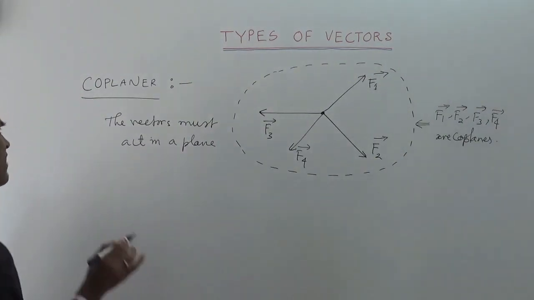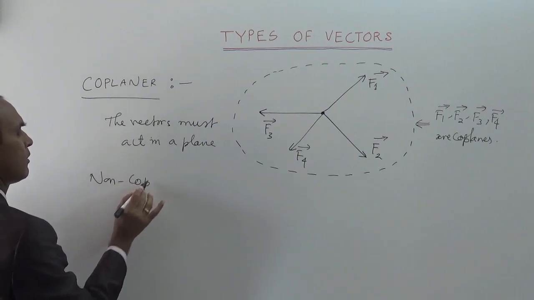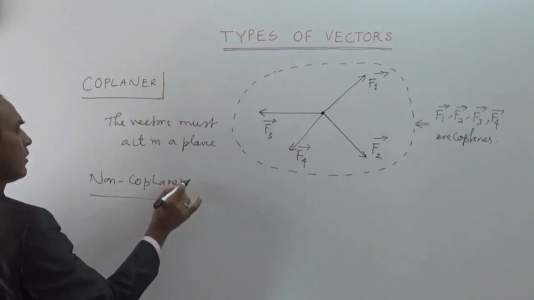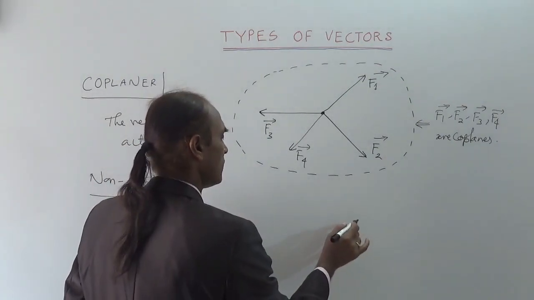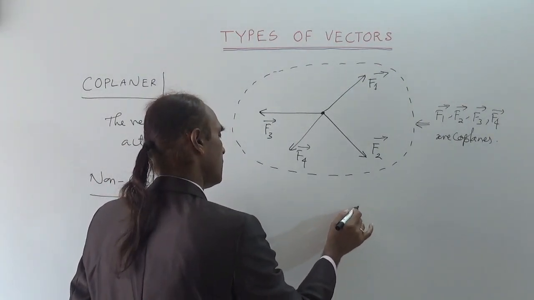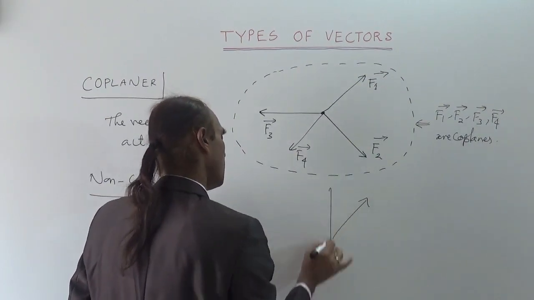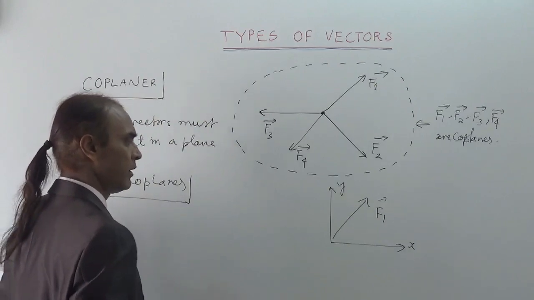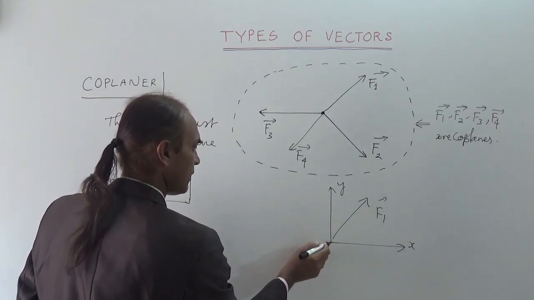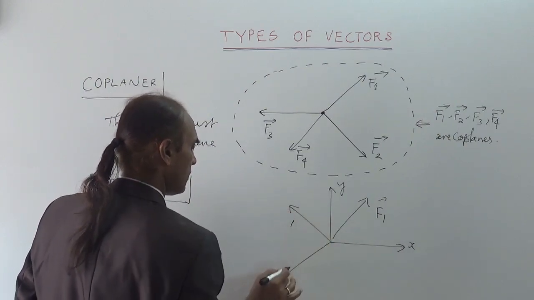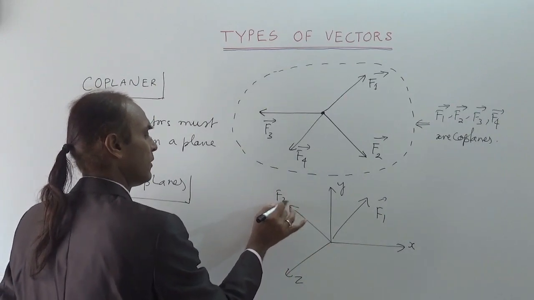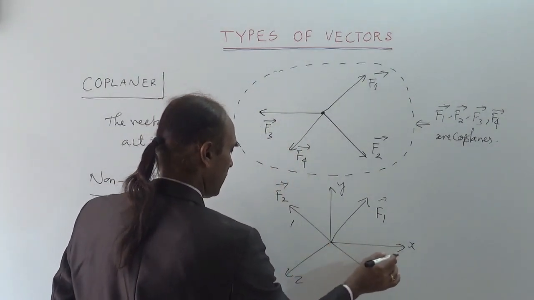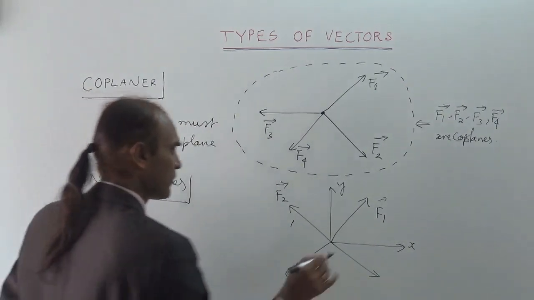Then we can go for non-coplanar vectors. Suppose one vector is acting in the XY plane, another vector is acting in the YZ plane, and another vector is acting in the XZ plane.